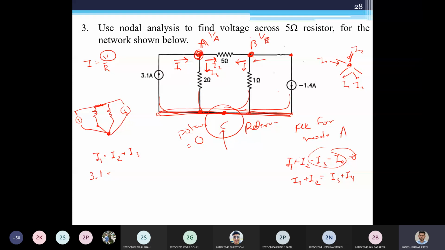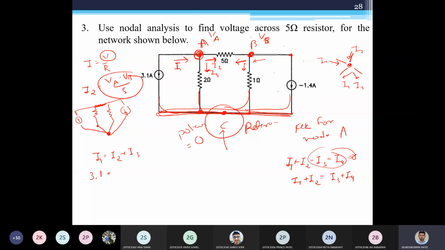We are going to find VA and VB only through this nodal analysis. So if I ask what is the value of I2, I2 is nothing but the potential difference across the 5 ohm resistor.